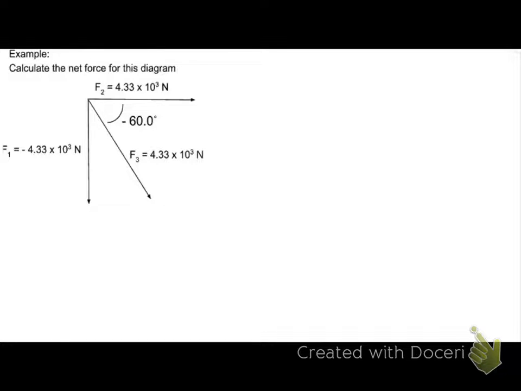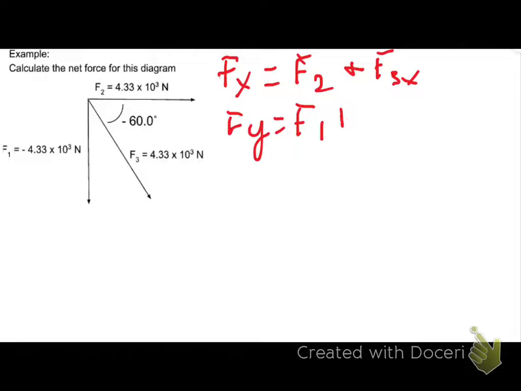In order to sum these, we need a total x and a total y, and then we can use the Pythagorean theorem to find the resultant. Fortunately for us, we only have to resolve one of these into its x and y components because the other 2 are on the x and the y axis. So our force in x will equal F2 plus F3x, and our force in the y direction will equal F1 plus F3y.